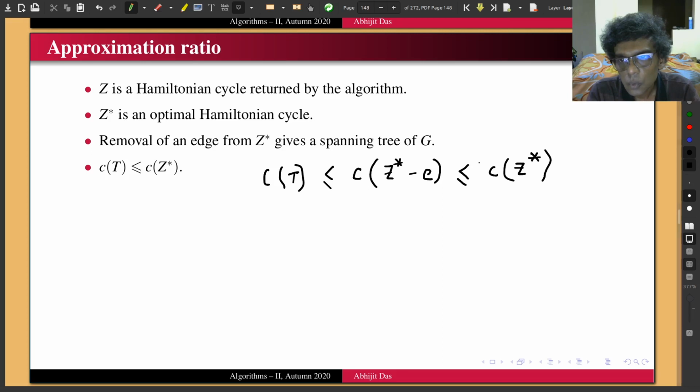So these two things together: cost of T must be less than or equal to cost of Z star.